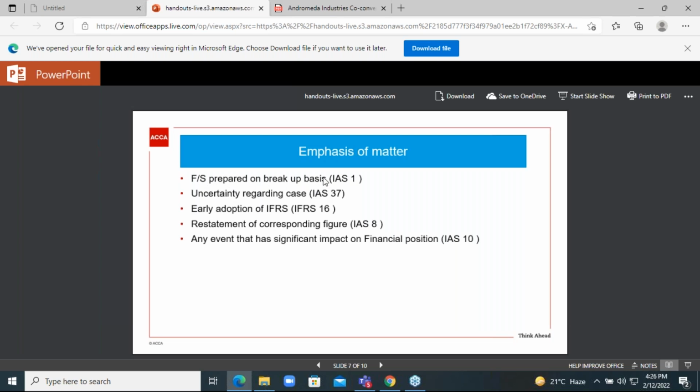Now, if financial statements are correctly prepared on breakup basis, then there is no material misstatement, but this is very important information for the investor. He must be aware of this fact.